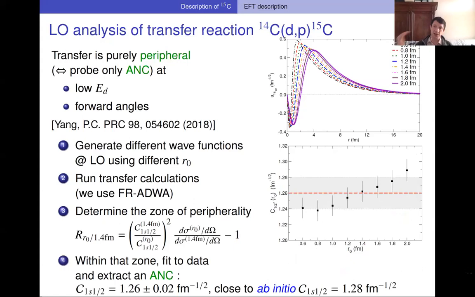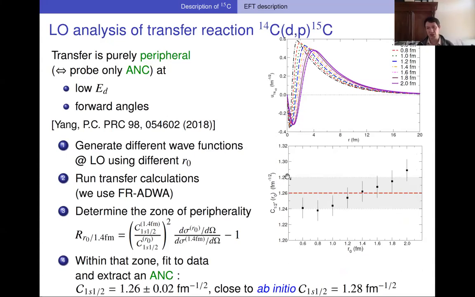He compared each of the calculations that he has for each of these wave functions, and extracted an ANC by scaling his transfer calculation to the actual data. For each value of the R0, which are plotted here on the horizontal axis, he gets a different value of the ANC.